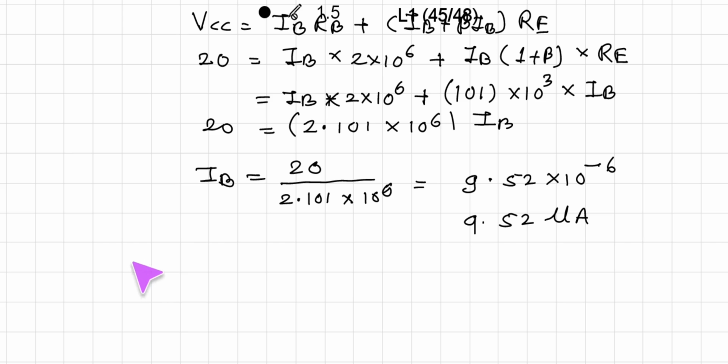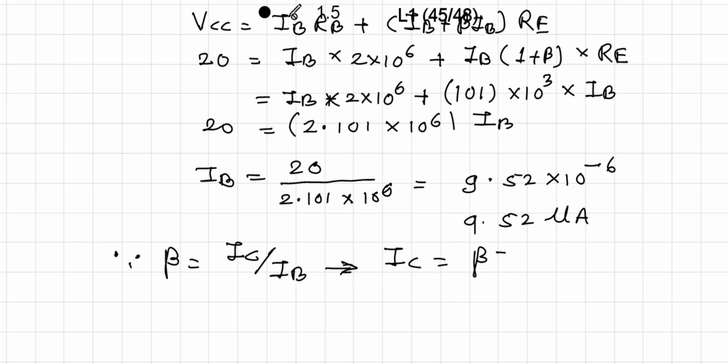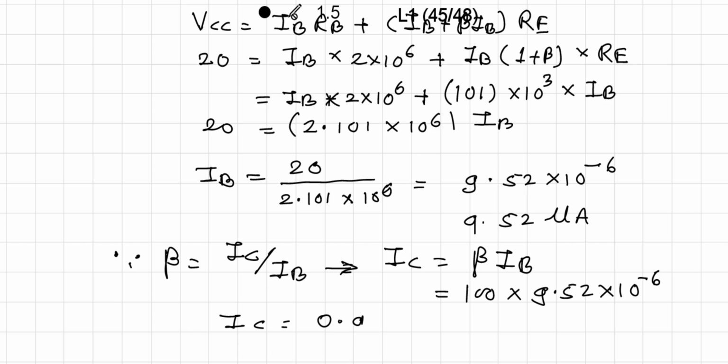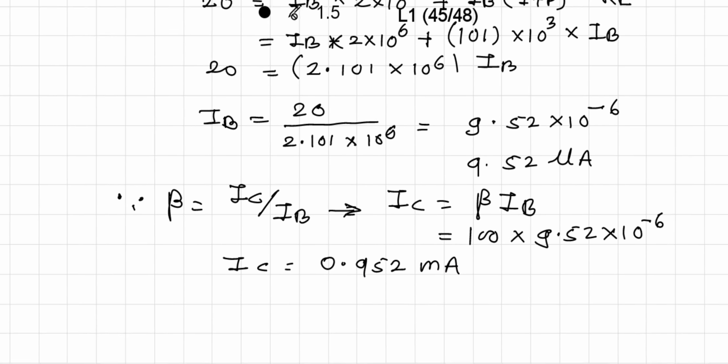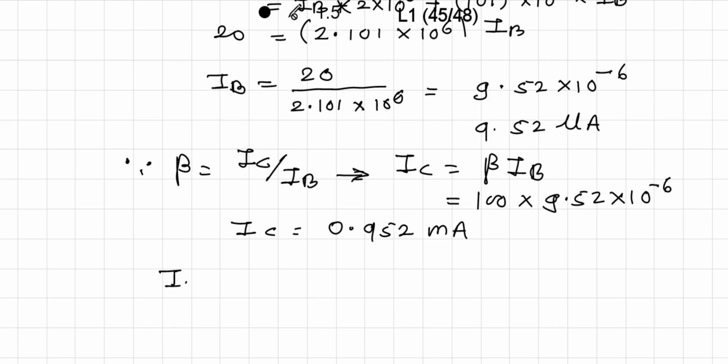So since beta is equal to IC upon IB, IC is equal to beta times IB, that is 100 into 9.52 into 10 raised to minus 6, and therefore IC is equal to 0.952 milliampere.